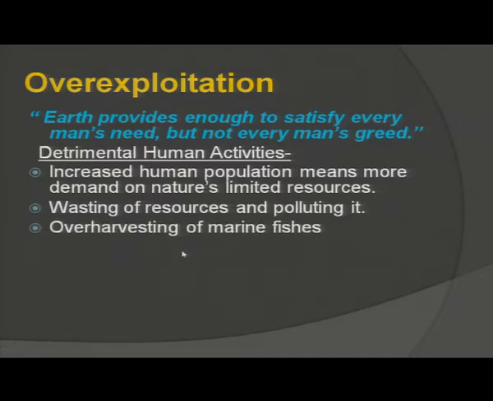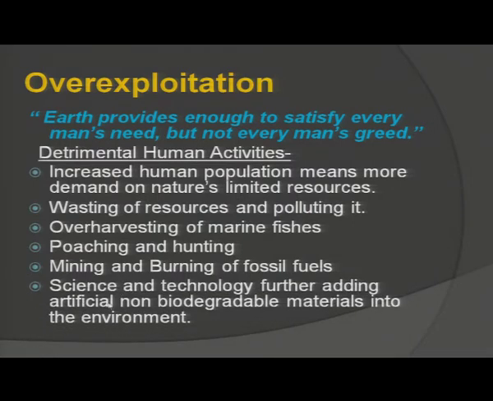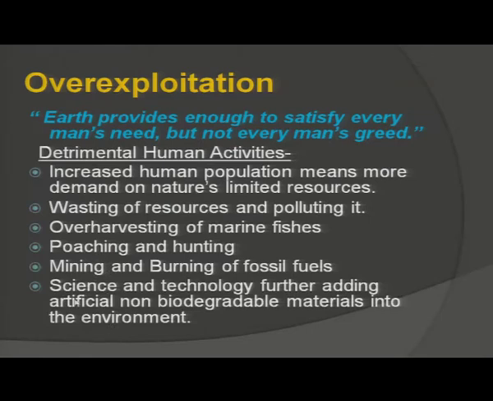We are over harvesting marine fishes, we are doing agriculture, poaching, hunting, mining and burning of fossil fuels, all these activities are adding up and contributing to the loss of our biodiversity. Moreover, the developments made in the field of science and technology have also added to this by adding artificial non-biodegradable materials which remain in the environment for a very long time. So, these are the detrimental human activities which are leading to over exploitation.